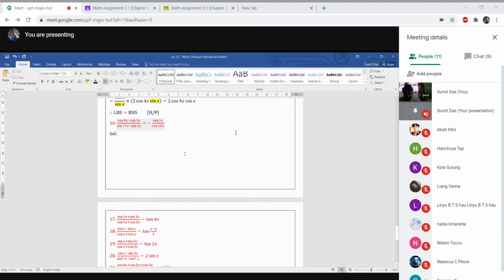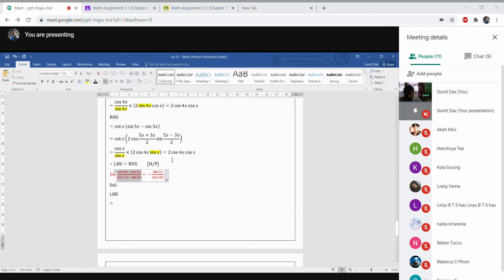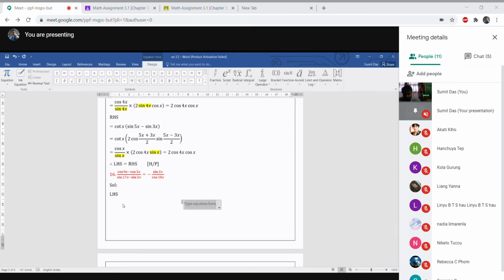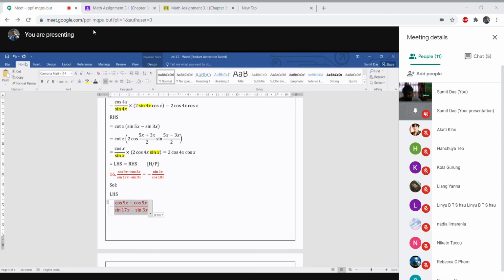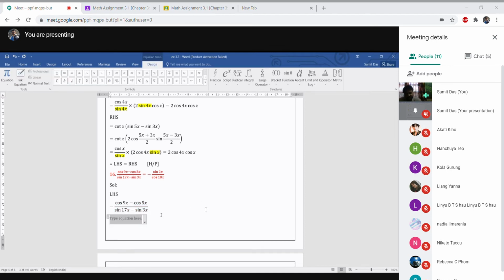So start with the left hand side. Left hand side equal to. What you have to do, you can see that whenever this kind of expression is there, you can easily just use the formula. So the cos x minus cos y formula we'll use.